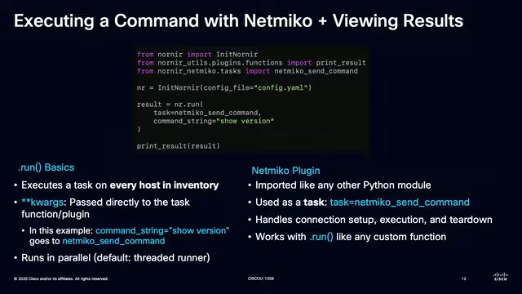The netmiko_send_command is expecting our command string, and so we're able to just plug that in as an additional parameter within our nornir.run, and then it'll be passed along to our netmiko_send_command function. So we don't have to build another function necessarily. I'm just trying to keep this relatively tight and simple to show you how I can actually talk to a network device relatively easily. So let's go ahead and see that one in action.